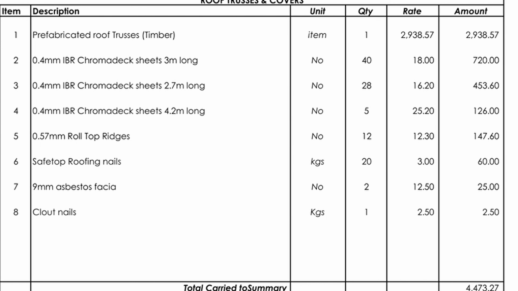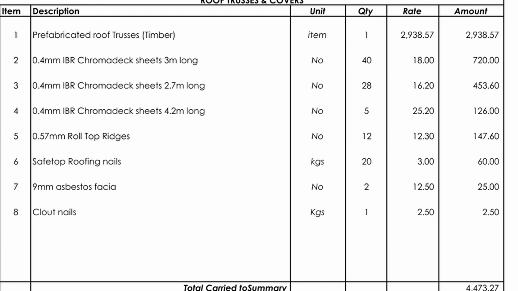All right, so we have the prefabricated trusses. That is going to cost 2,938, and then we are going to need 0.4 millimeter chroma deck sheets. There will be 3 meters long each. And for those ones we need 40, and then for chroma deck sheets 2.7 meters long, 28 will be needed. And then for 0.4 chroma deck sheets, 4.2 long, 5 of those will be needed.